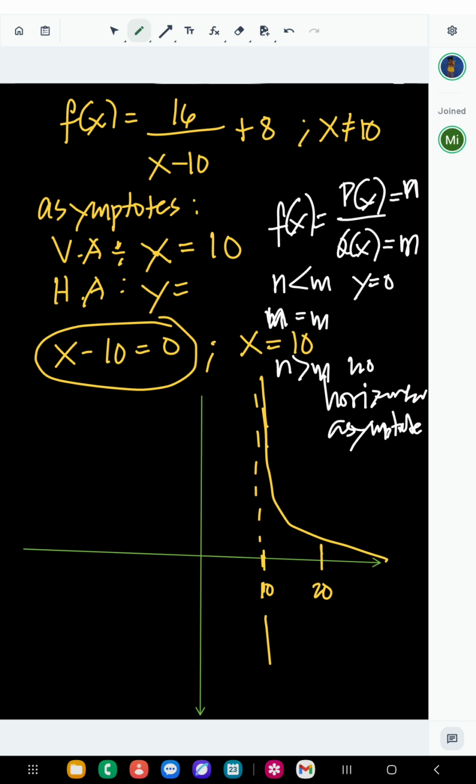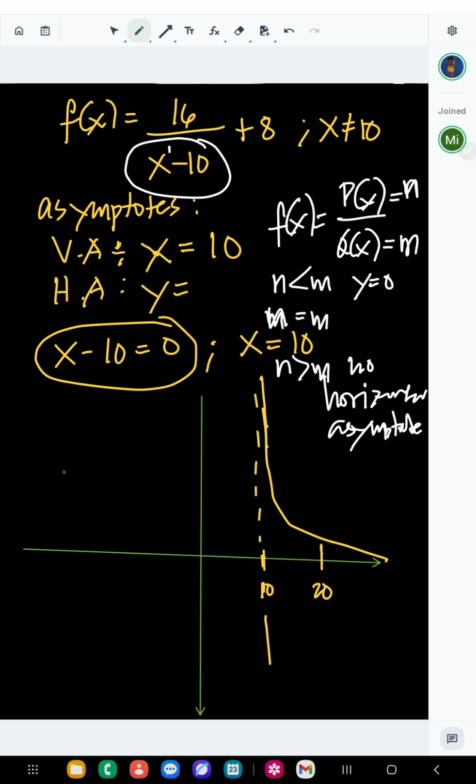Check this. Okay, I think we're on the right track. So when n, or the degree of the numerator, is less than the degree of the denominator... You know the degree? Degree meaning exponent, the highest exponent of the function. Like, say for example, this one, the degree of the denominator is 1 because the highest exponent there is 1.